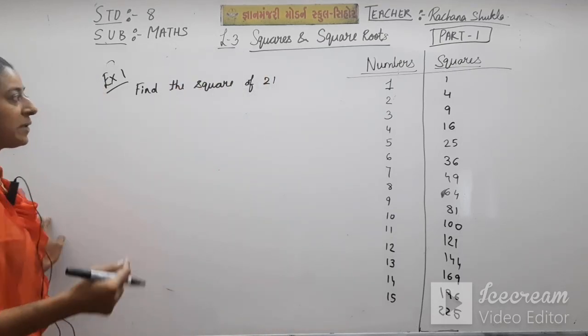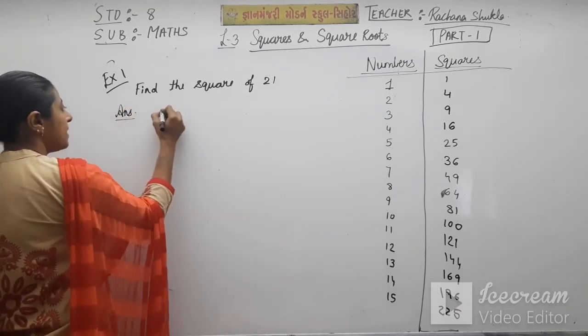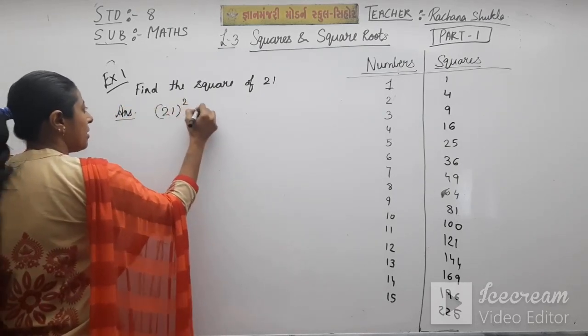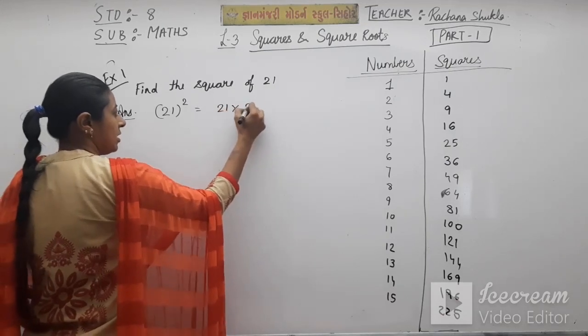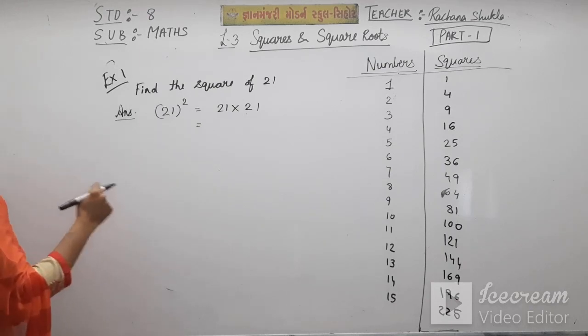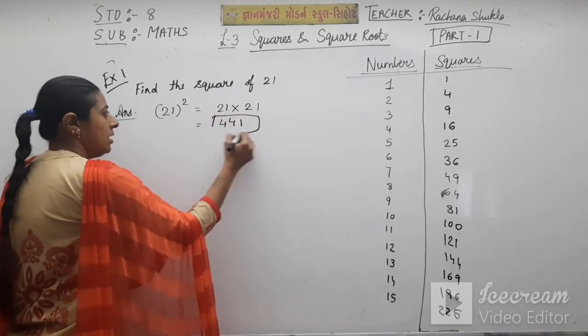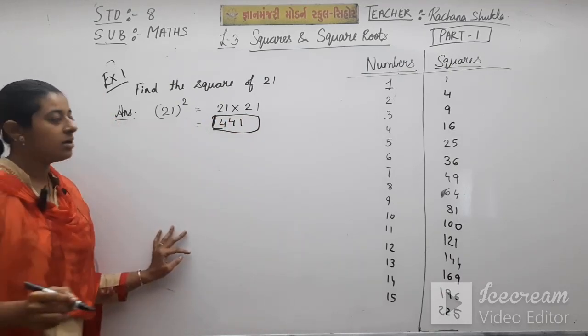The question is find the square of 21. So answer is 21 square is equal to 21 into 21. And what will be 21 into 21? That will be 441. Multiply and find out the answer.